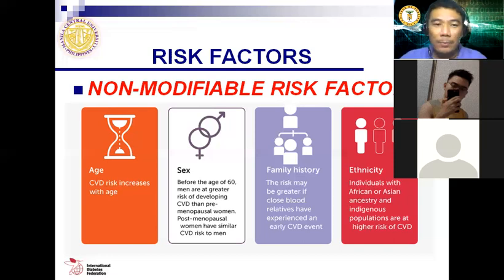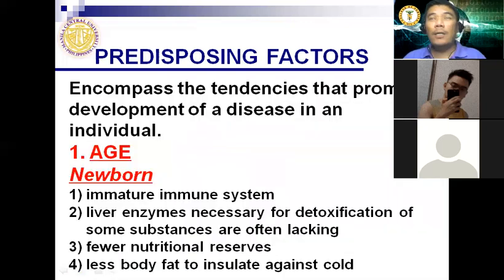Now, when we talk about non-modifiable and modifiable risk factors, I know that you have encountered predisposing factors. When we consider predisposing factors, always think of what contributed. Are there any tendencies that the client may have of developing such a condition?